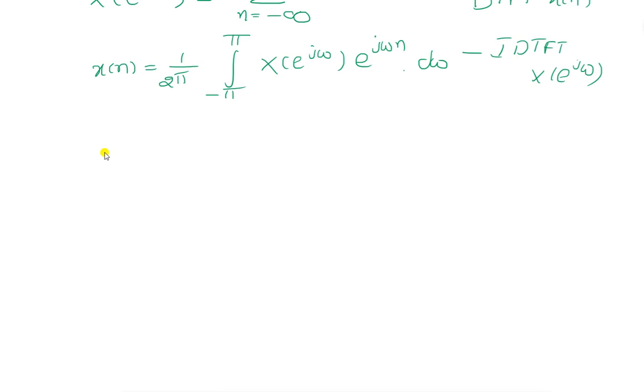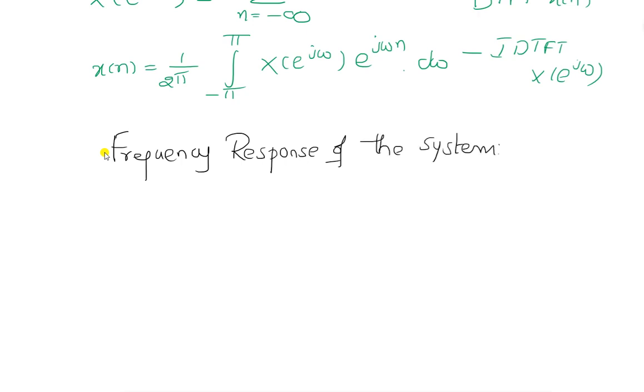Now, in order to determine the frequency response of the system, what should we do? Generally the frequency response of the system can be expressed in terms of H of e to the power of j omega, and this H of e to the power of j omega is referred to as the frequency response of the system.